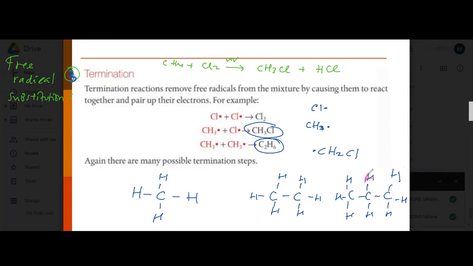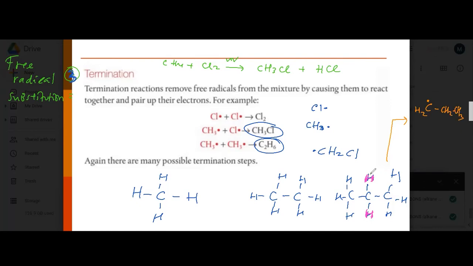The second hydrogen here is in a different environment from the first and the third. So there are two possibilities of free radical formed. The first one, when the hydrogen attacked by the chlorine is the first hydrogen, it can change to the CH2CH2CH3 free radical.